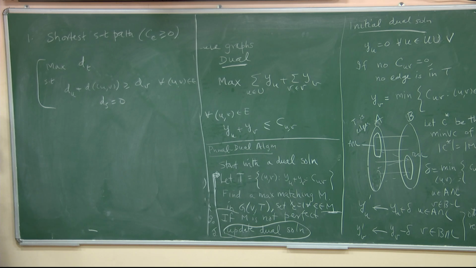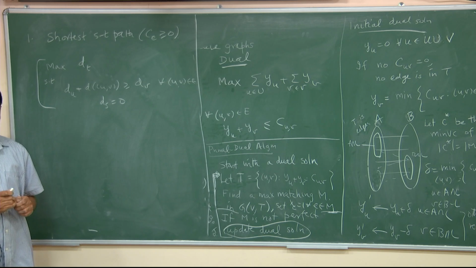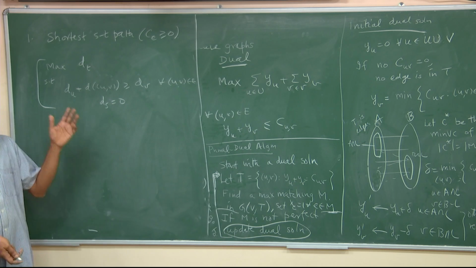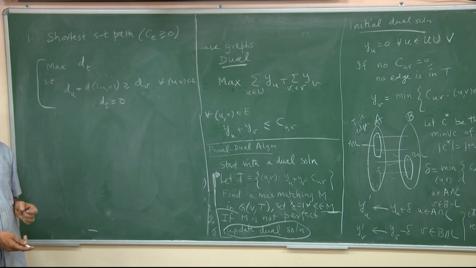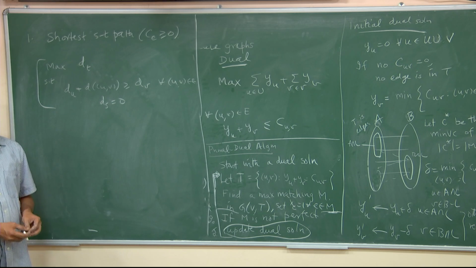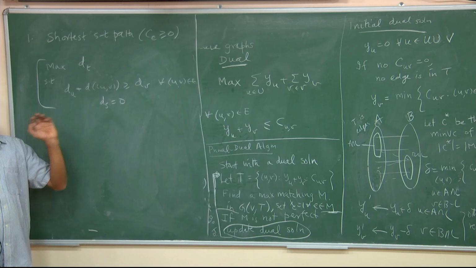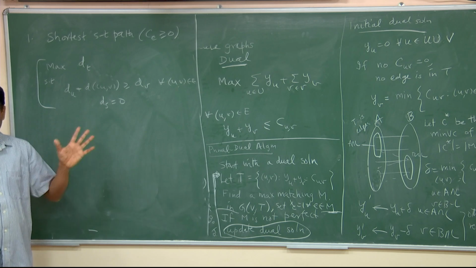There is also another LP using an exponential number of constraints, where you can simply say that, remember, it's sort of like the spanning tree LP. Remember what the spanning tree LP was? The minimum spanning tree LP: for all the cuts, there must be at least one edge out of it. Same thing. You want to find a path from S to T. There you want a path between every pair of vertices, that is a spanning tree.